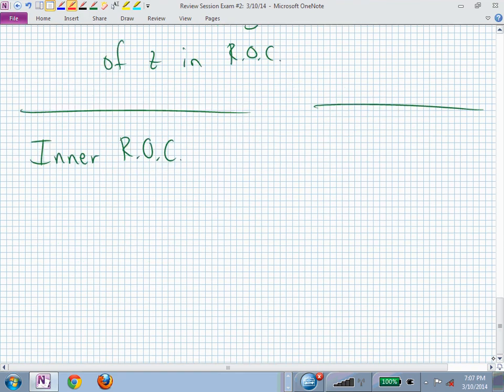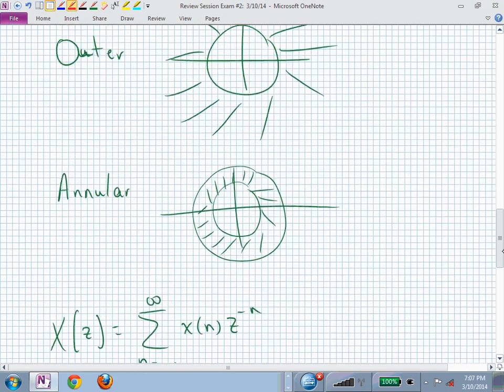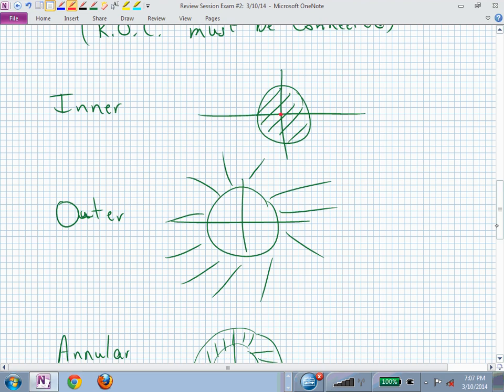Let me say with an inner region of convergence, where are your poles? Did I say that yet? The poles cannot live in your region of convergence. Your poles have to be out here, outside of the region of convergence.